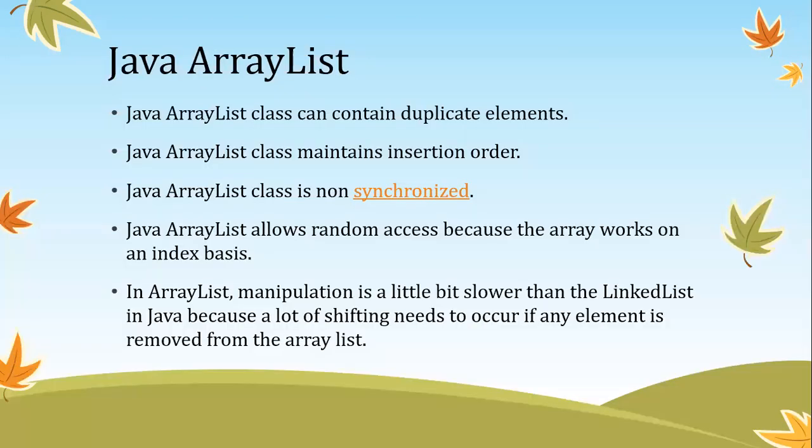In this video, we can understand about Java ArrayList. The Java ArrayList class can contain duplicate elements. The Java ArrayList class maintains insertion order, so whatever elements we are inserting into the array list are kept in insertion order.